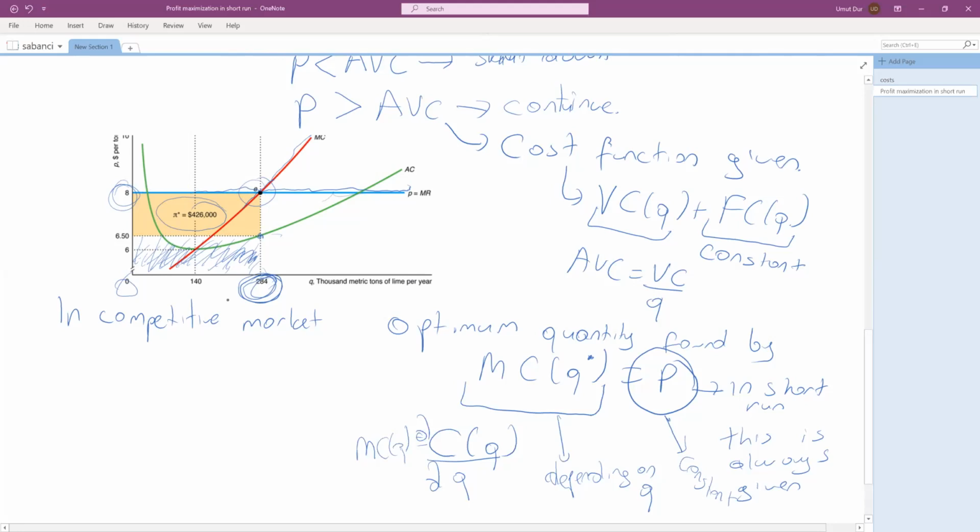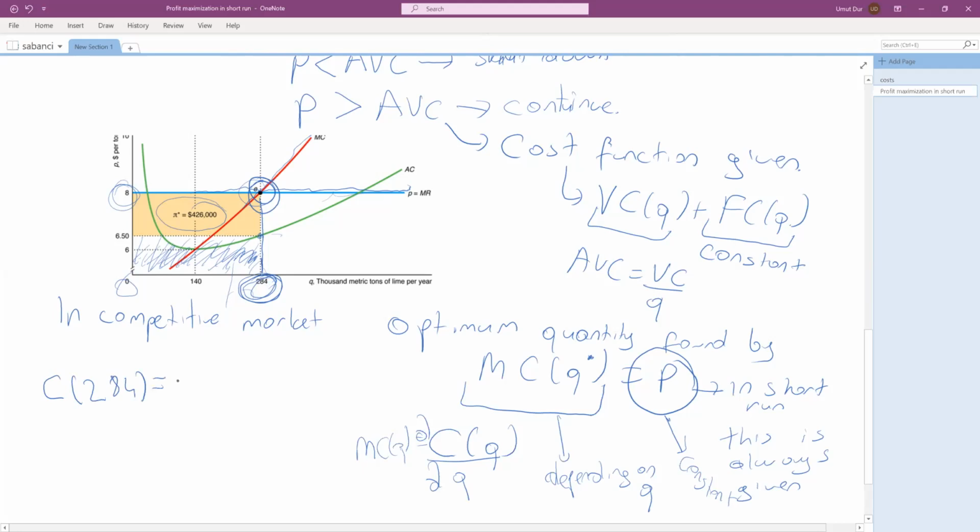They intersect at point E. Then I look for the quantity level, and the quantity level is 284, which means that this is the amount that I will produce. Then my cost at 284, that will be my cost.